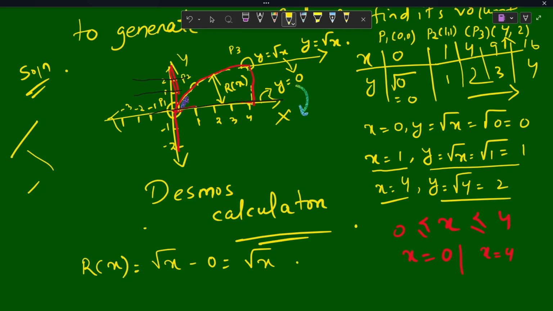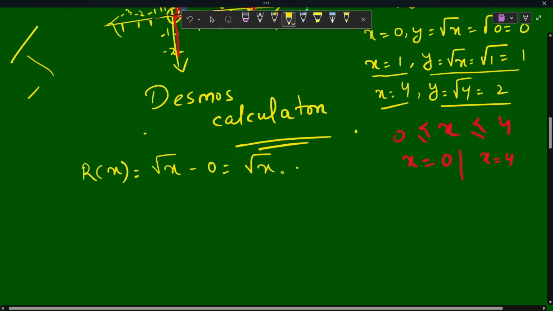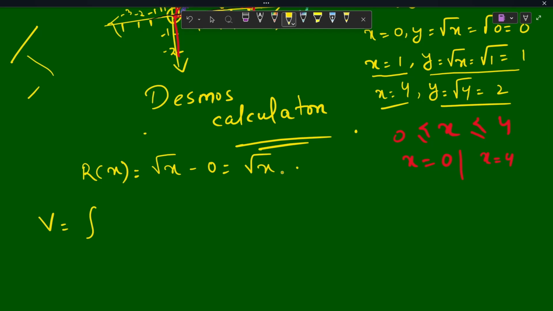So now let's find out the volume. V equals integral from A to B of pi r of x whole square dx.